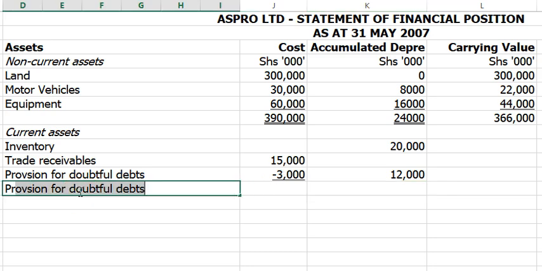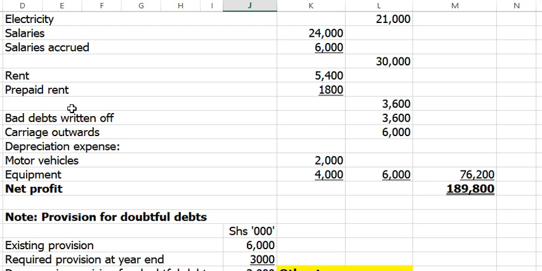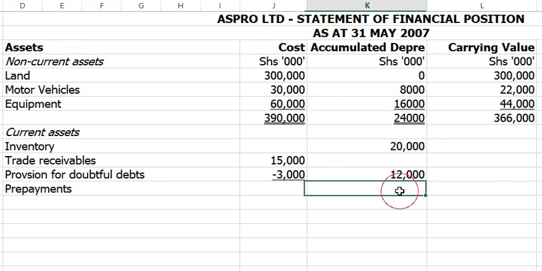You will bring the prepayments. Remember, 1/3 of rent was prepaid, and that is 1,800. So the prepayments, you bring that 1,800.